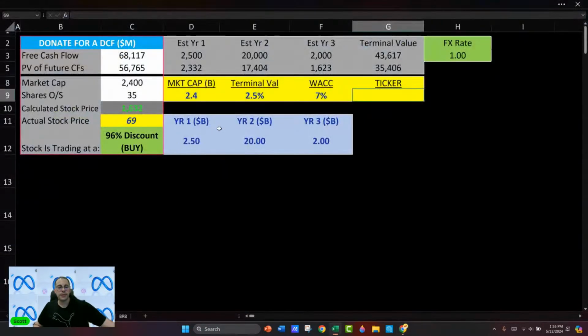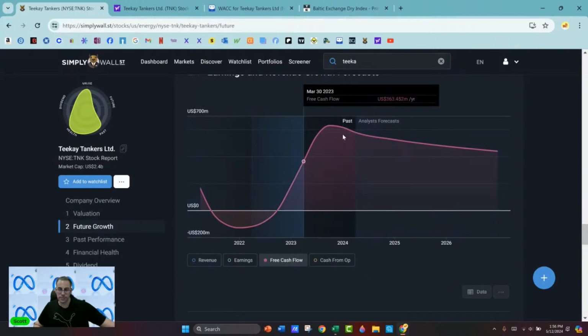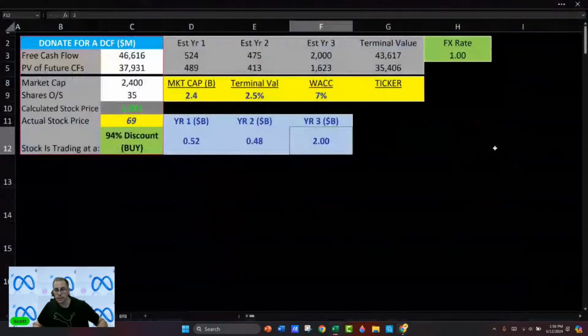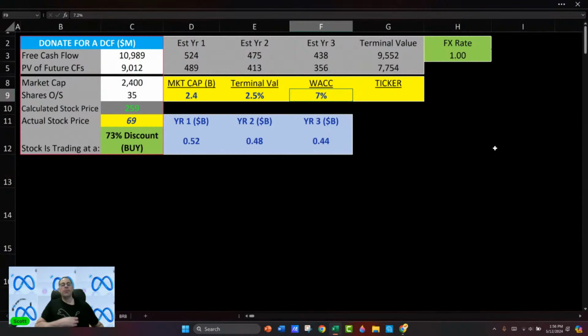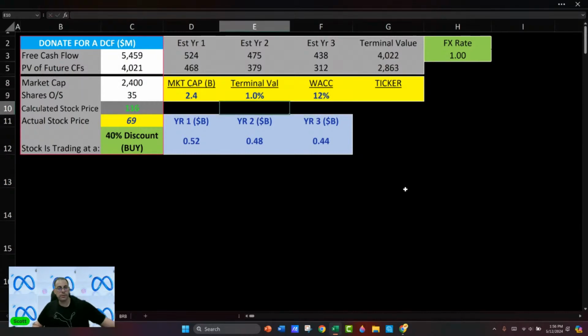524 million. I think that's pretty low. I'm going to raise it a lot, and I'll drop the terminal value.